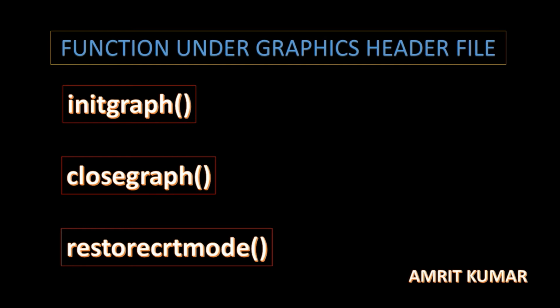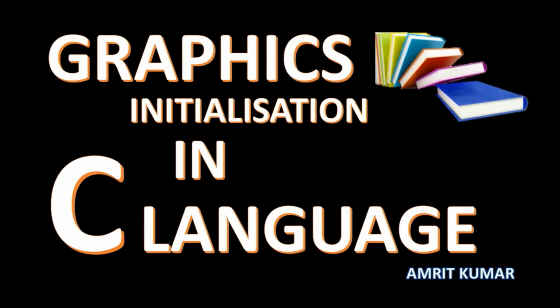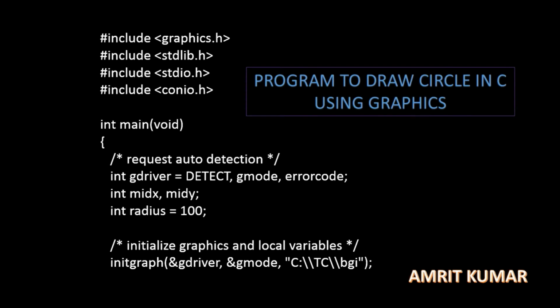So let's look at the program that I am going to initialize with the help of the graphics header file. Here you can see the program, which is used to initialize the graphics with the help of initgraph, closegraph, and the restorecrtmode function.